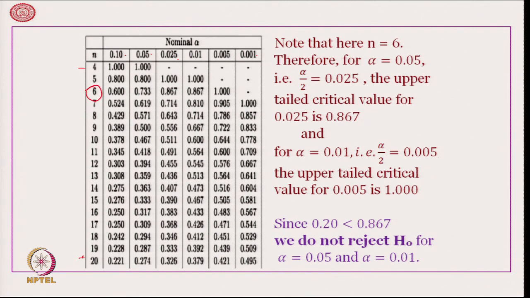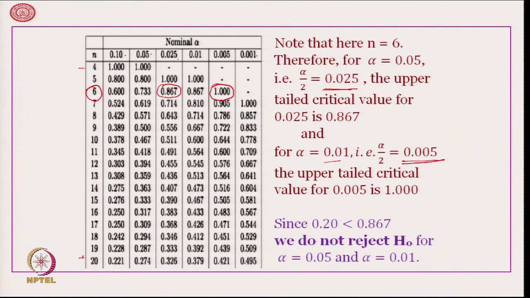Therefore, when alpha is equal to 0.05, alpha by 2 is 0.025. Therefore, the critical value that we can see is 0.867. Again, if we look at the 1% level of significance, then alpha is equal to 0.01, therefore alpha by 2 is equal to 0.005, and the corresponding value given here is 1.